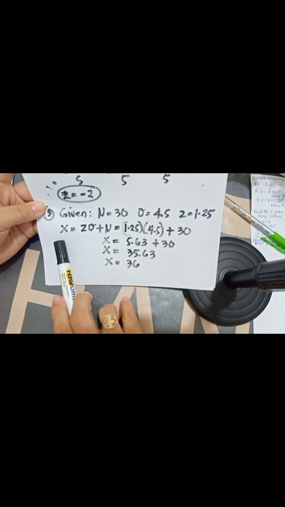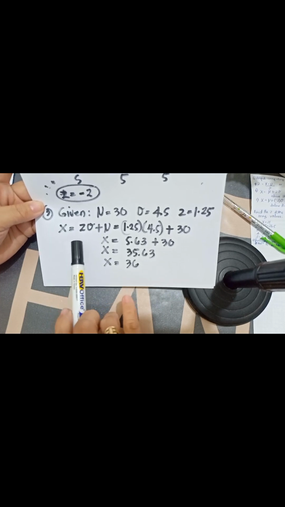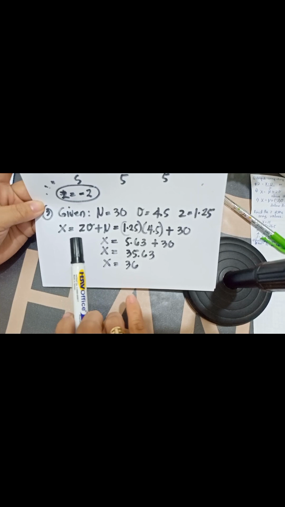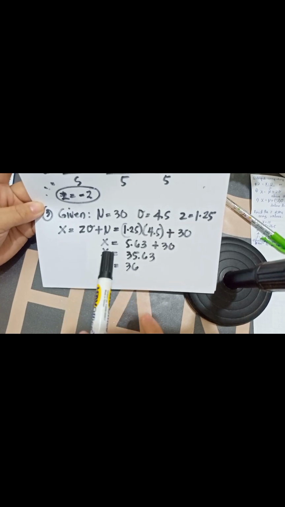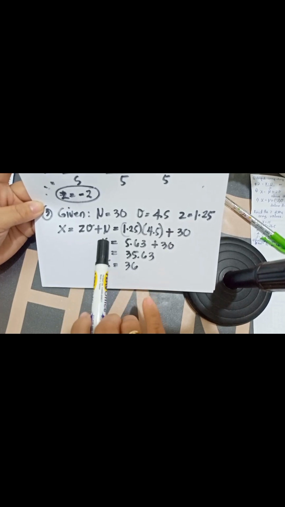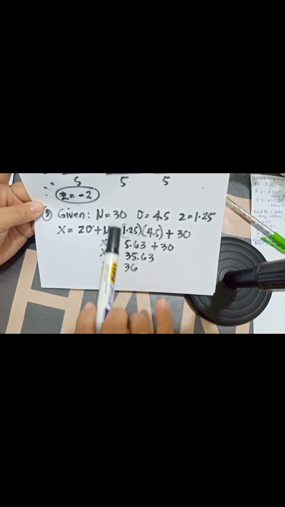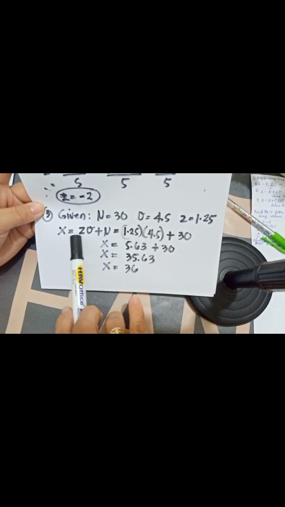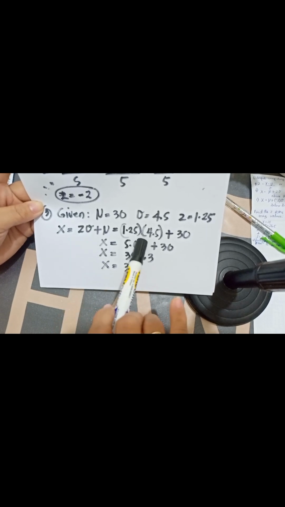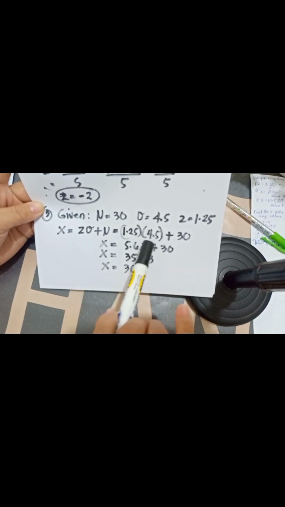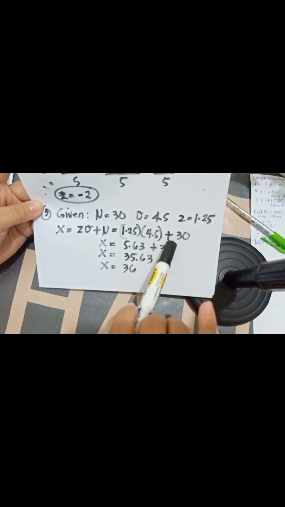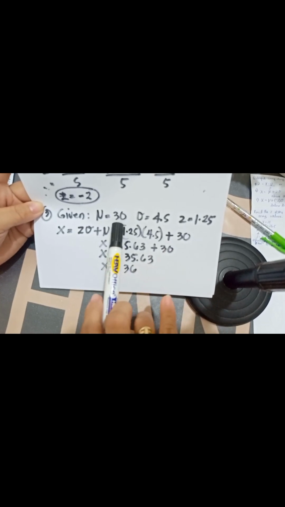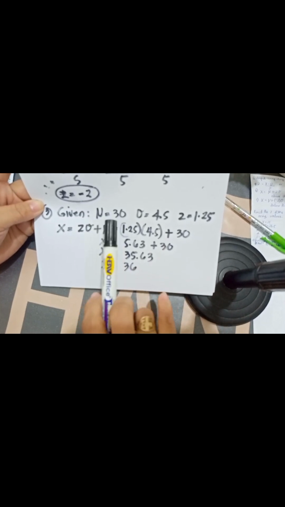We have x is equal to z-score times standard deviation plus population mean. Substitute the givens to the formula: 1.25, which is the value of your z, times 4.5, the standard deviation, plus 30, which is the value of your population mean.